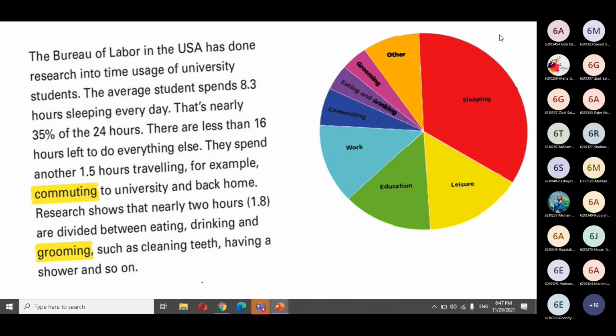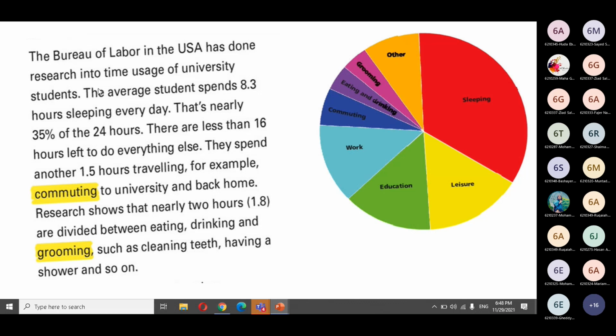If you look at this pie chart, we can see that we have many elements: sleeping, leisure, education, work, commuting, eating and drinking, grooming, other. Okay, we want a quick revision. We want to revise the text, and we want to write the time for each one.